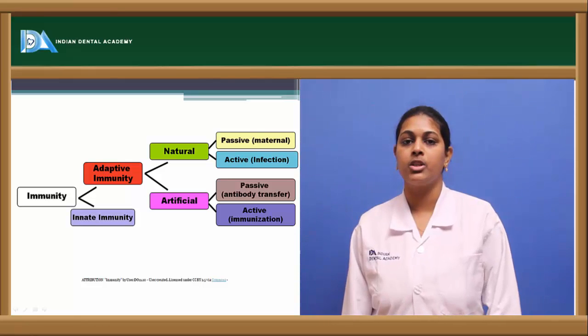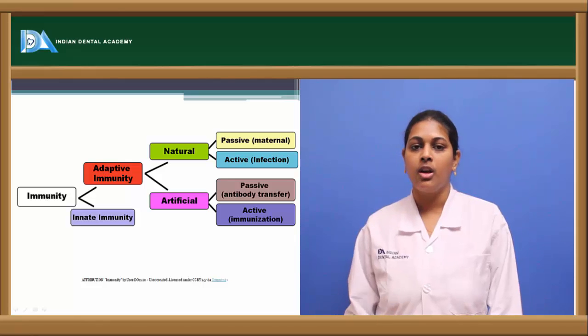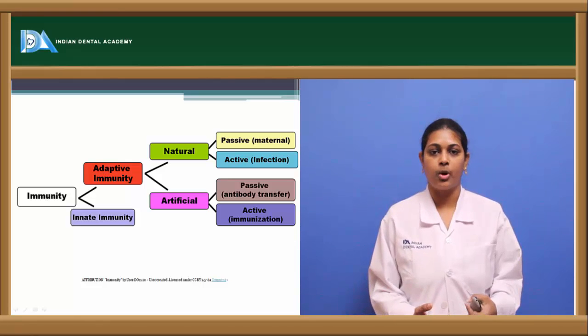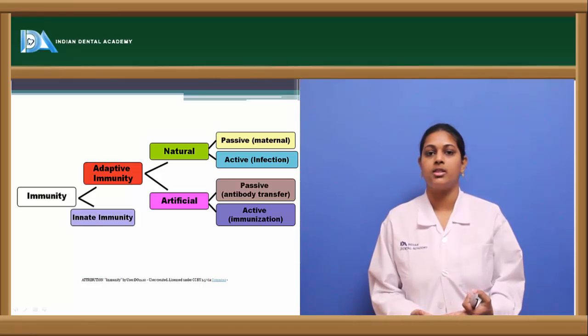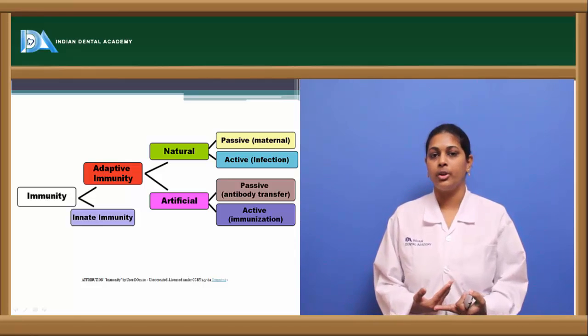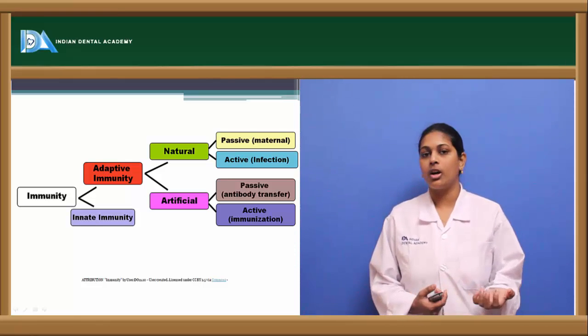Natural immunity is the immunity obtained naturally from the body's defense systems, whereas artificial immunity is when we are exposed to certain antibodies to fight against foreign antigens or microorganisms. Further, natural immunity could be passive immunity or active immunity.